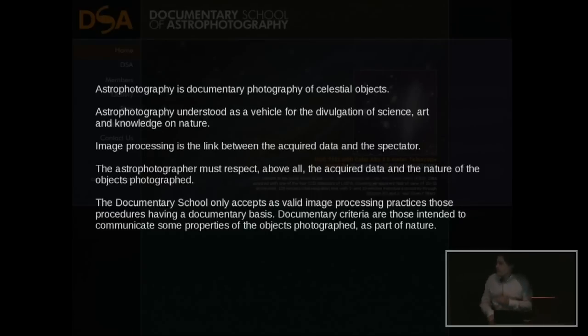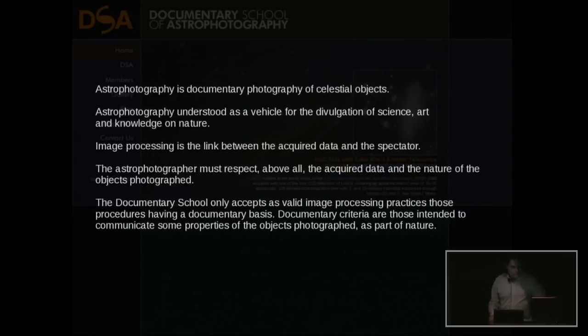And in this way, the documentary school only accepts as valid image processing practices those that have documentary criteria. And we understand these documentary criteria as those that aim to communicate some properties of the photographed objects.